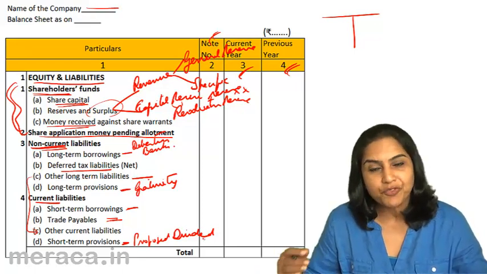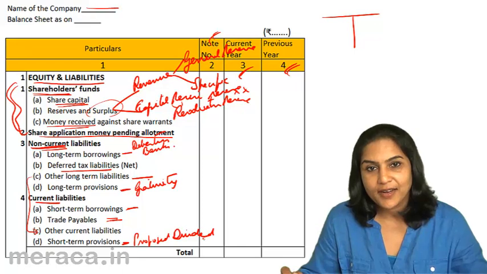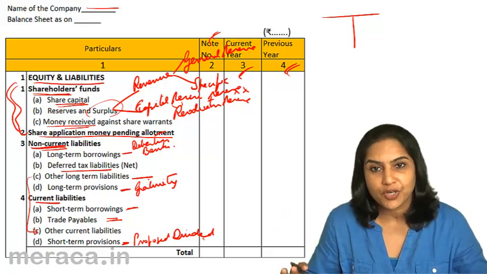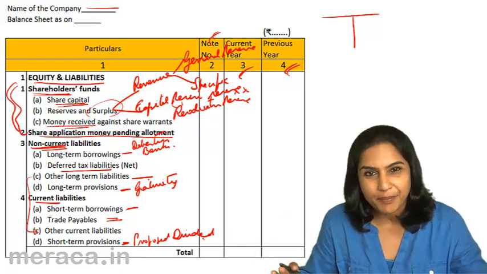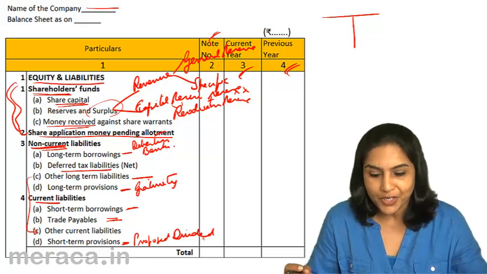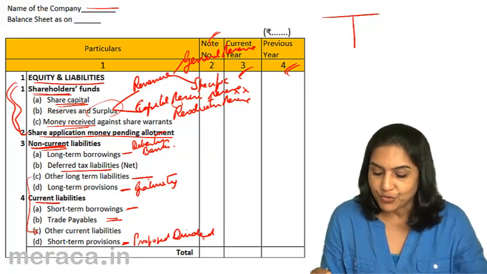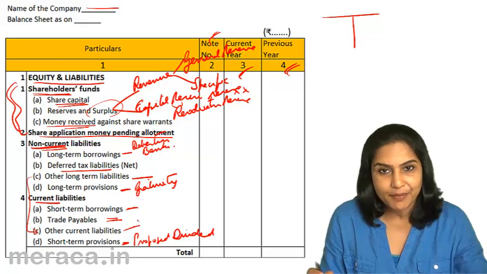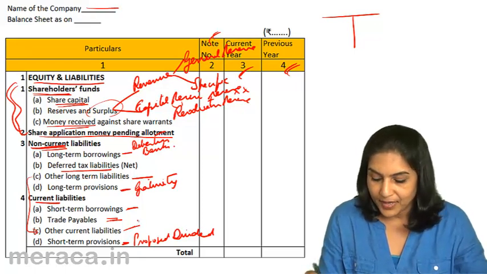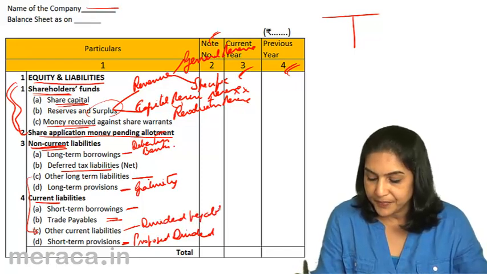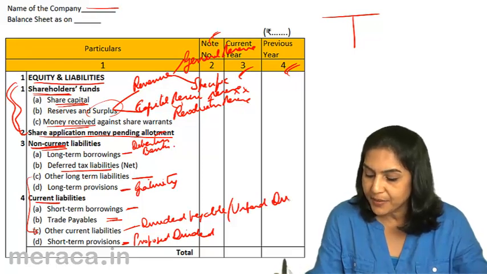It is then approved only later, by the shareholders during the annual general meeting. Once it's approved, it becomes a liability and it would come under other current liabilities. Dividend payable and unpaid dividend would come as a part of other current liabilities.